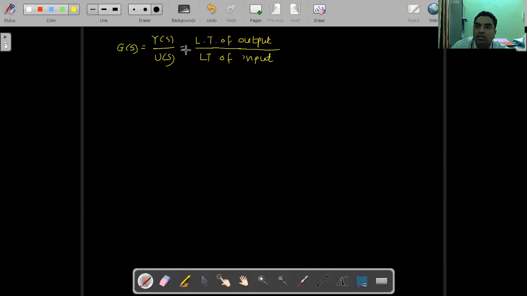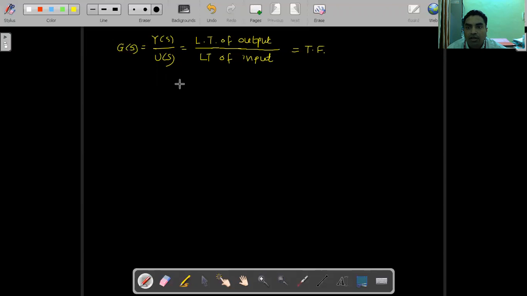This is transfer function under zero initial condition. This transfer function we have obtained for various systems when we were dealing with electrical, mechanical or electromechanical systems in the first unit.